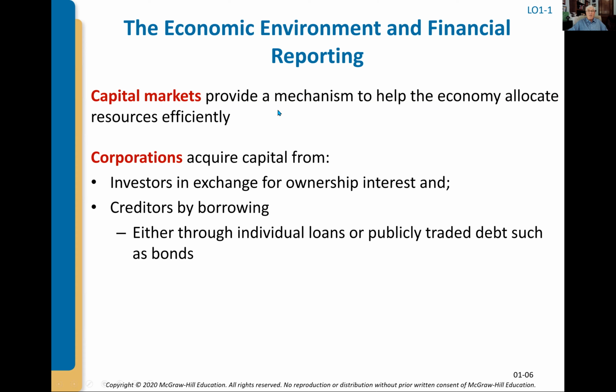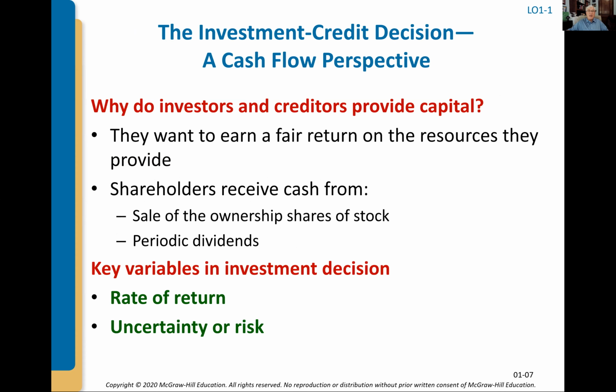It allows liquidity where people can buy and sell a company stock every second, every minute, all day long, at least from 9:30 to 4 p.m. Eastern, capital markets. And the corporations, they get capital from investors for ownership interests, and also they can borrow money. That could be from banks or as individual loans, or maybe bonds, which are publicly traded debt, almost like common stock.